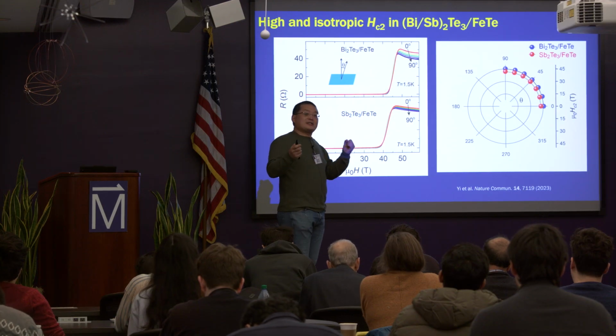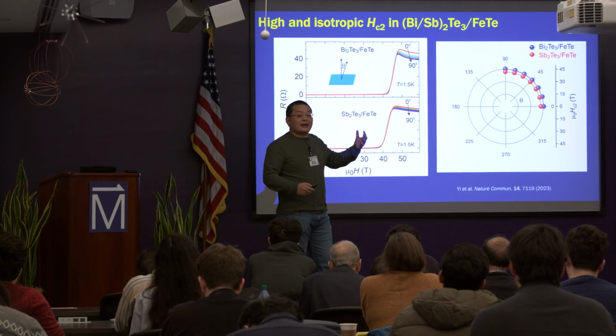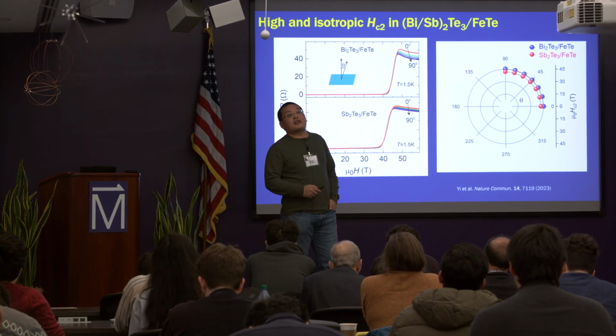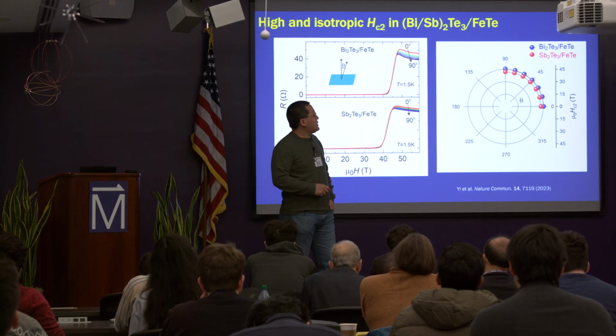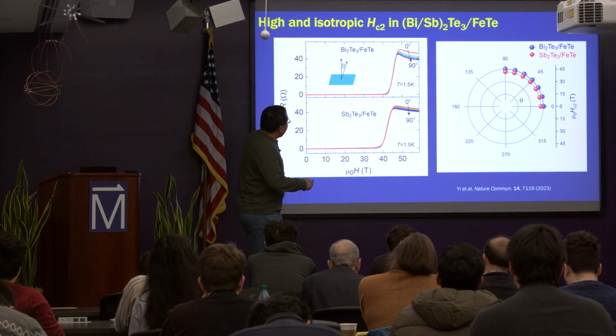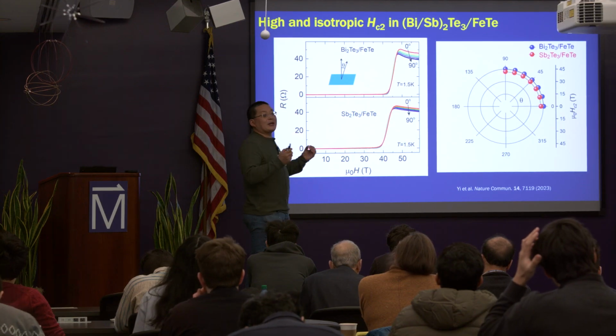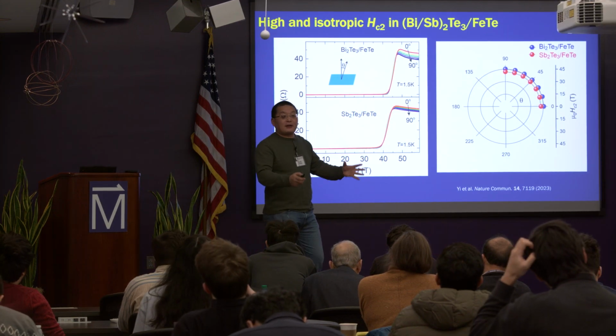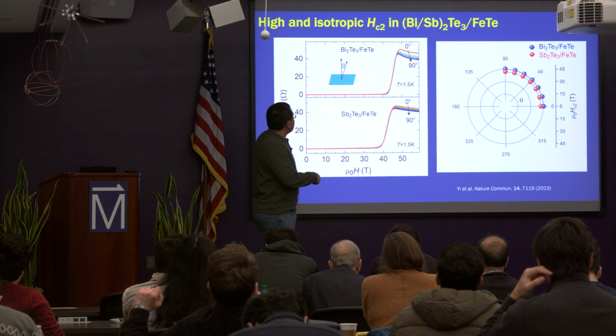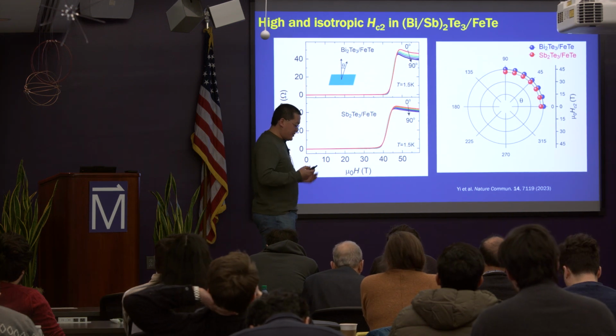At first I thought this was interesting, but finally I think this is a general property of iron-based superconductors. But here we can see that the HC2 is pretty huge, 40 Tesla, for these two heterostructures.